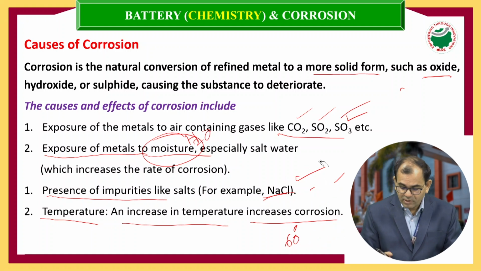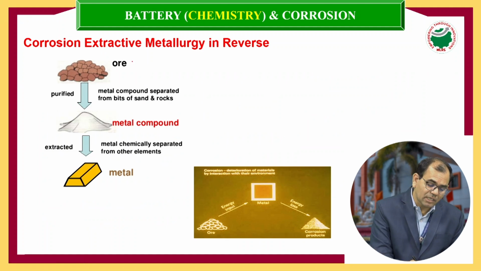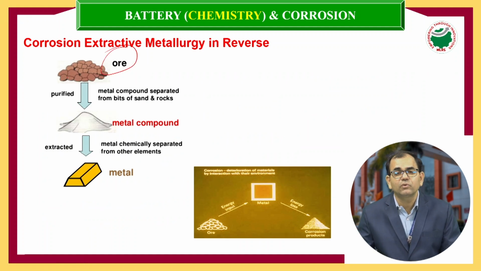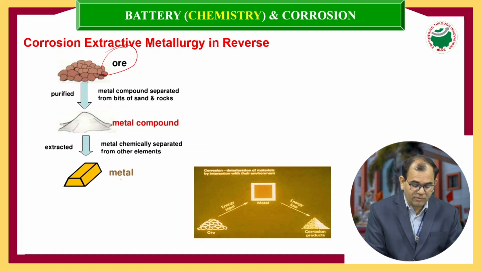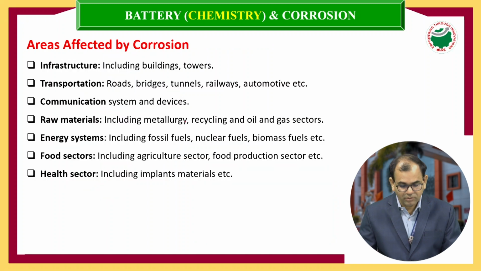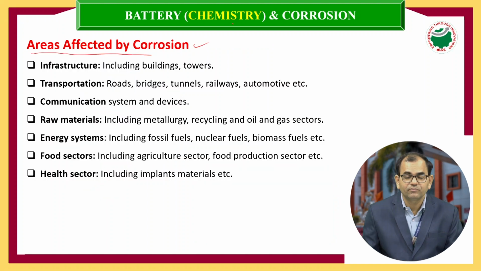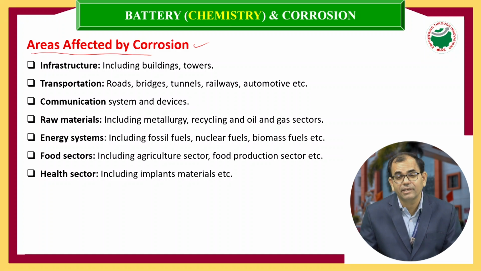Now, basically, metals come from ore. Ore is nothing but the crude form. We do some processing, and finally we get the pure metal. Areas affected by corrosion: wherever metal is there, that area will be affected.